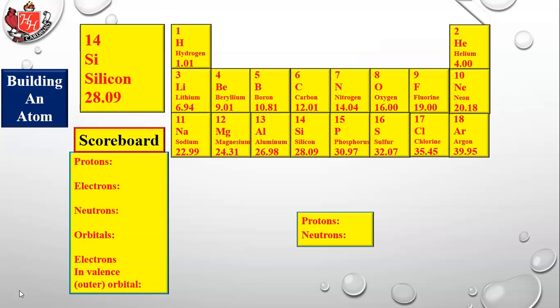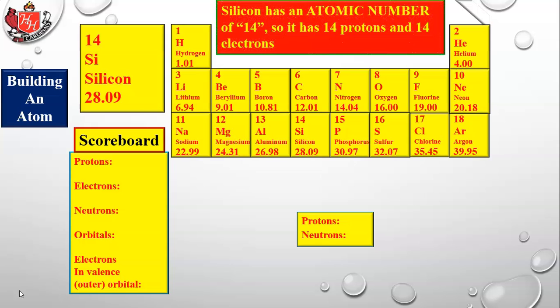Okay, so let's take that information and let's build a diagram of a silicon atom. So silicon has an atomic number of 14. So it has 14 protons, and when all atoms are born, they are electrically neutral. They're electrically balanced. So that means it also has 14 electrons. So we're going to keep a scoreboard here of protons, electrons, neutrons, orbitals, and electrons in the valence orbital.